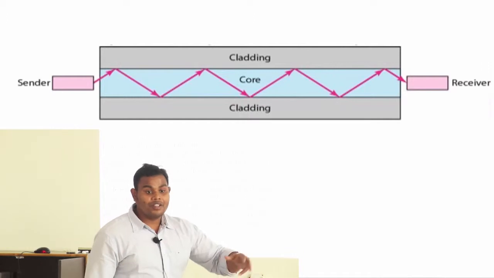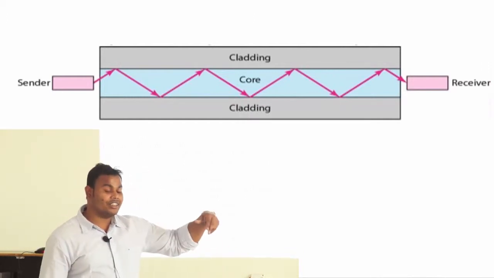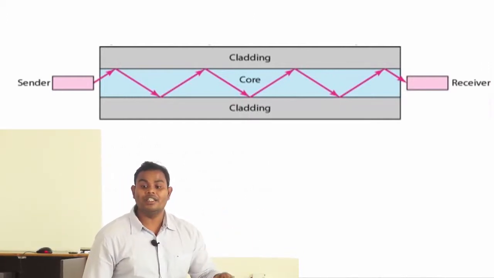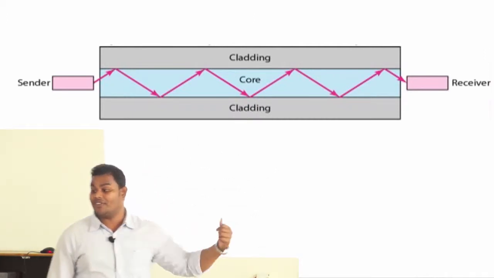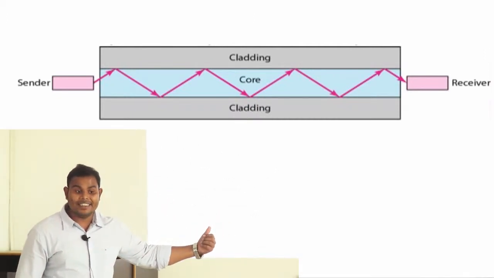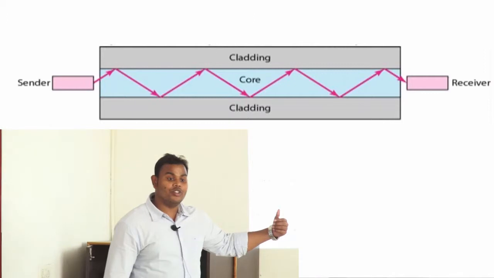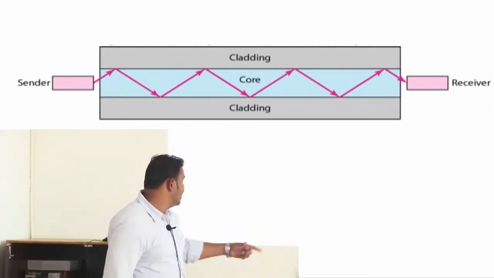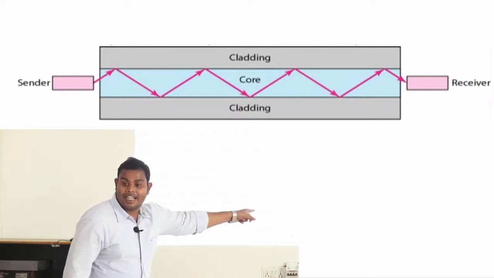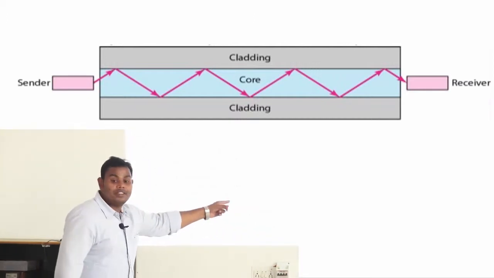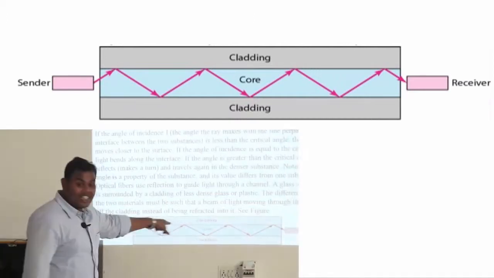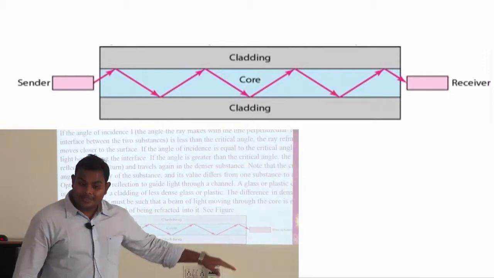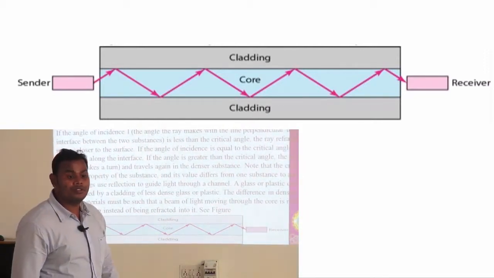That's why when sunlight enters from air to water, it is going to be refracted. The same principle applies here. We have a high density plastic and a low density plastic. When light goes from low density to high density, it reflects, and by this reflection the data is carried.